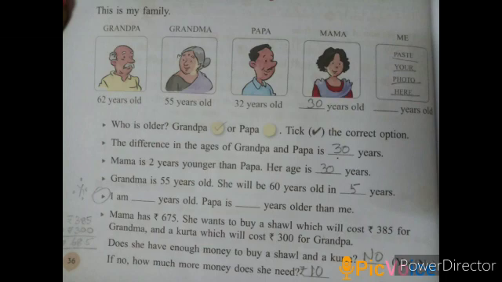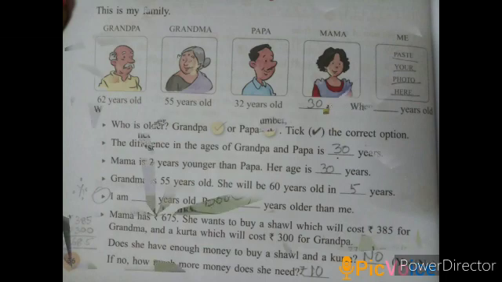You can add the cost of the shawl and the kurta. It is 685, but she has 675, so she is not able to buy. You can write no. Next, if no, how much more money does she need? It is 10 rupees. That's it. We completed the warm-up section.